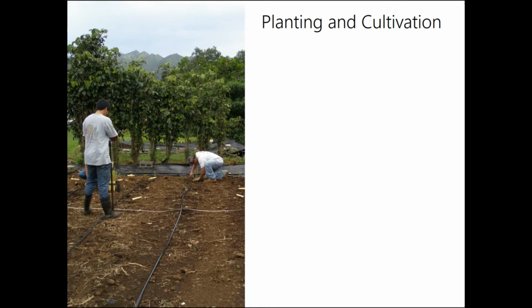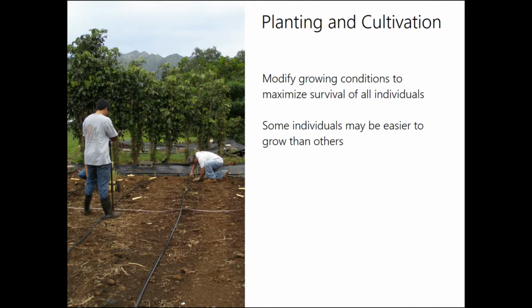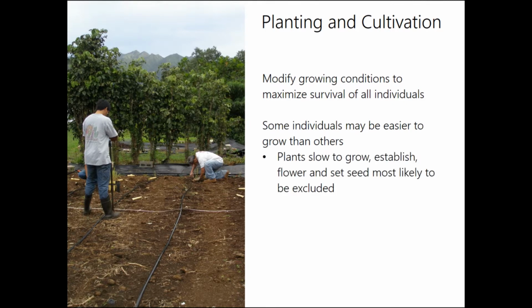Once you have your plants ready, then it's time to plant and cultivate. When you're growing these plants, try to modify the growing conditions in order to maximize the survival of all of your individuals. Some individuals may be easier to grow than others, because some may be slow growing, or slow to establish or flower.